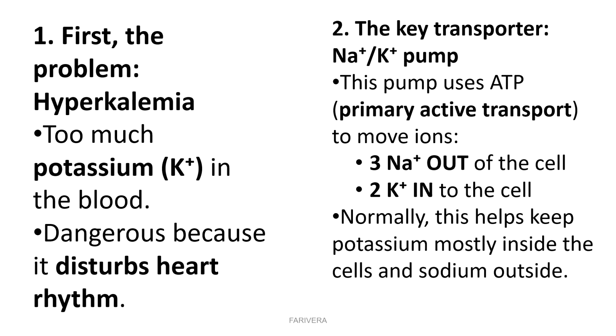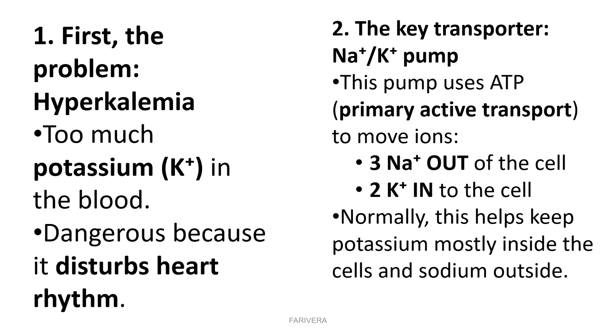Actually, this particular slide now reinforces the sodium potassium pump. The pump uses ATP. For every cycle, it moves 3 sodium ions out of the cell and 2 potassium ions enter the cell. So remember that: 3 sodium ions out, 2 potassium ions in.